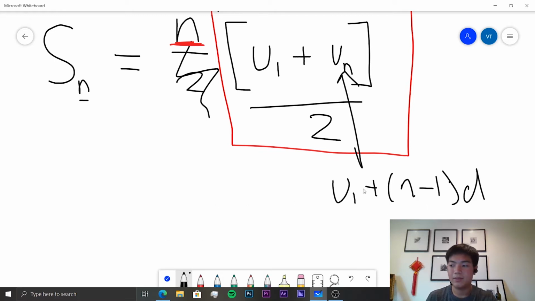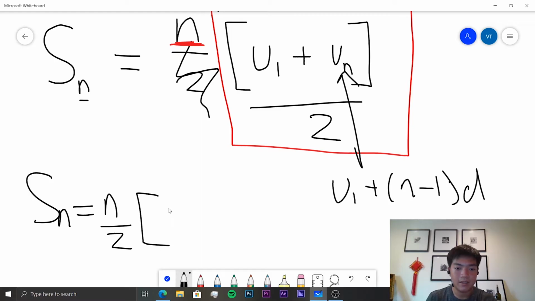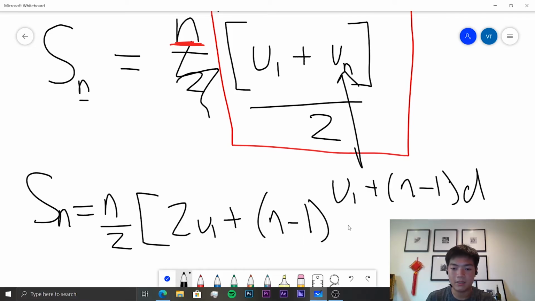So this is also equal to: the sum of n is equal to n over 2 times (2 times u_1 plus (n minus 1) times d). There we go. So this is the sum of an arithmetic series.